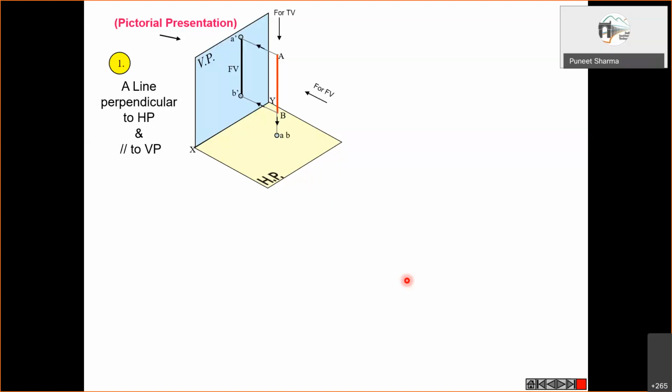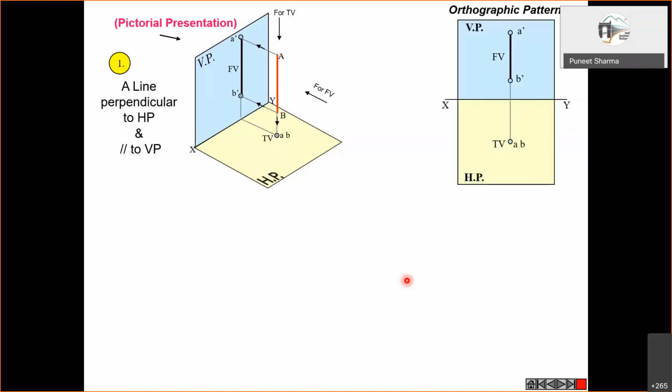So small a and small b at the same location in the horizontal plane represent the top view. In the orthographic view, the actual projections we need to draw look like this.